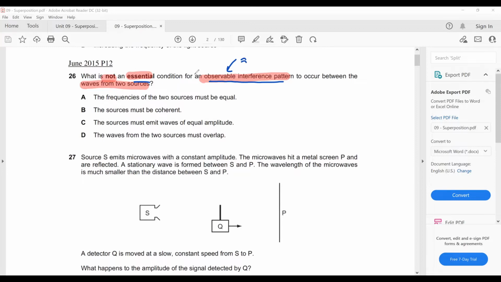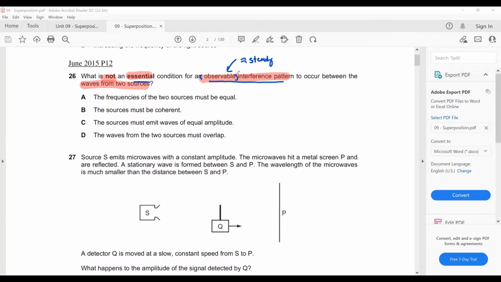You can think of observable as implying steady. So as I mentioned to you, steady here would mean the interference pattern does not change location with time. The places where you see constructive and destructive interference don't change places with time. They are fixed, no matter how long you leave it there.